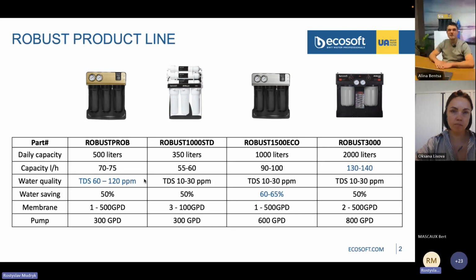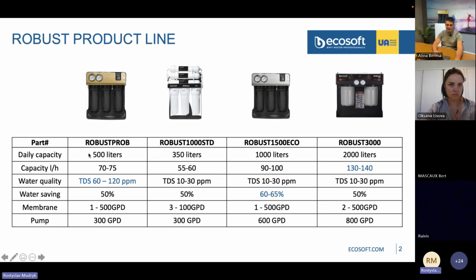So go to the specification of the competitor and check what the recovery rate is for this particular unit. And most probably you would find that the recovery rate is somewhere between 20-25%. So it means that the end user would pay much more for the tap water. Let's give an example.